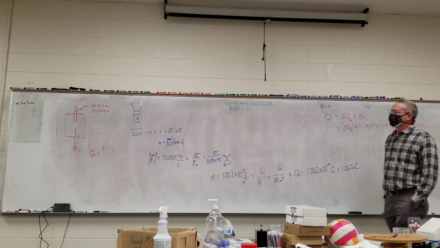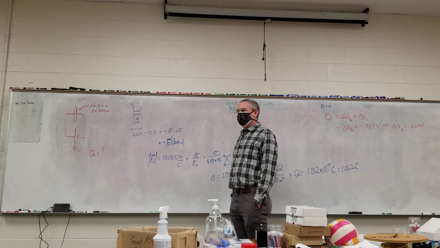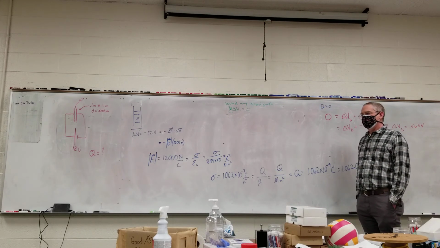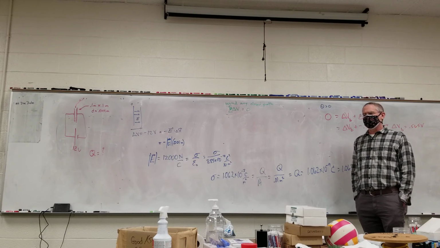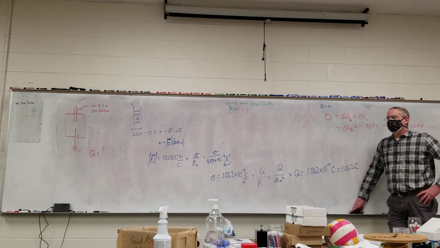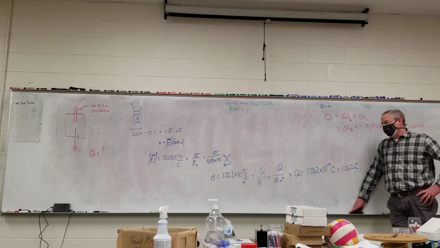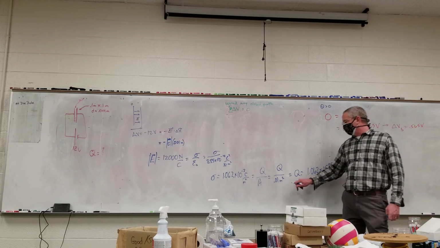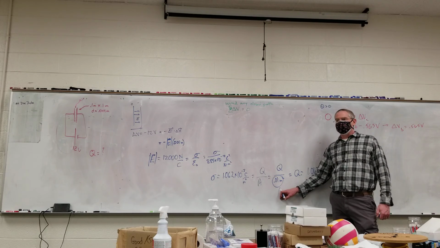Okay, to what? You would make them smaller. Did I say double the charge or half? Double the charge, right? Yeah. Okay. You would make the area smaller. Okay. So if I want to double this number, I can cut that in half, keep everything else the same.